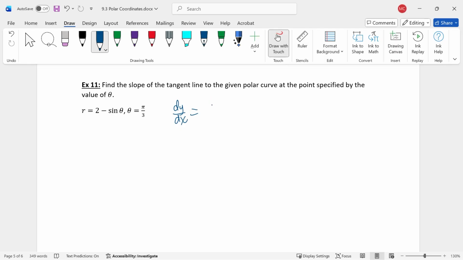Well, that's dy/dθ over dx/dθ. And here's the thing. There are so many formulas to try to memorize in this course that whenever you can get those formulas from first principles, that's the best thing to do, right?